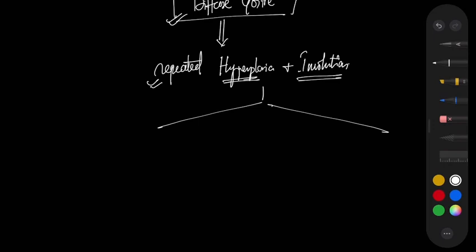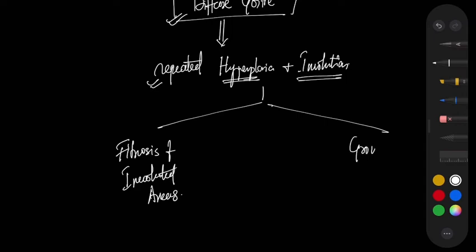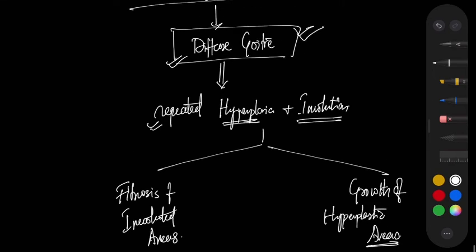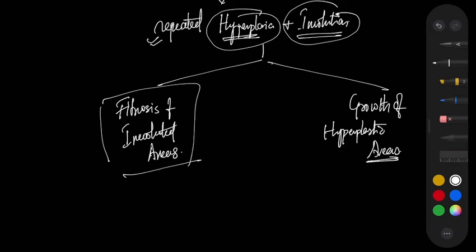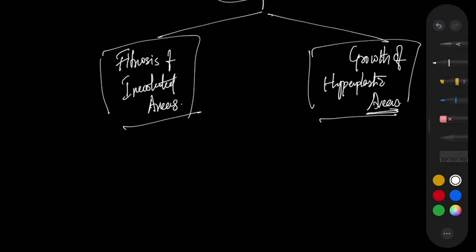So what happens then is that there is fibrosis of the involuted areas and growth of the hyperplastic areas. So there was diffuse goiter, and the complication of diffuse goiter after repeated hyperplasia and involution, leading to fibrosis of the involuted areas and growth of the hyperplastic areas, leads to something called nodular goiter.